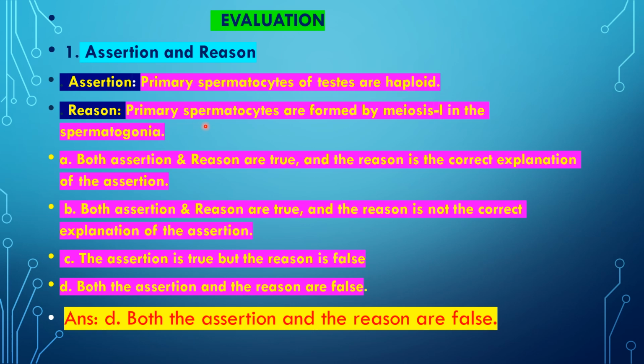And the second, primary spermatocytes are formed by mitosis in the spermatogonia, not by meiosis. Is it clear? So both these statements are false. So the answer is D: both assertion and reason are false.